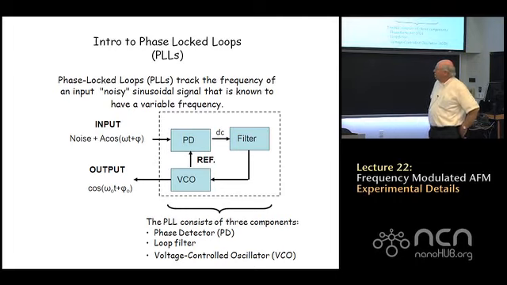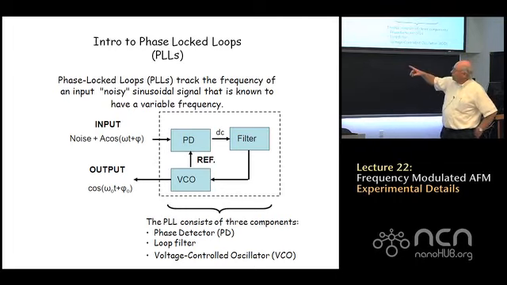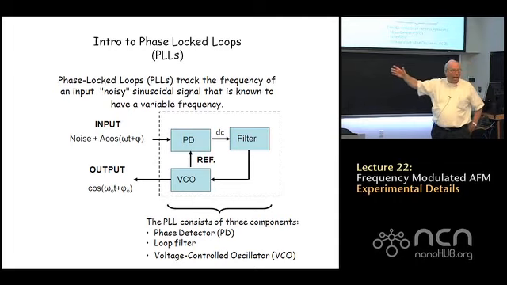What they basically do is they take a signal that's noisy and sinusoidal. So you have an input signal that may have noise on it, but it oscillates at an amplitude A. It's got a certain frequency omega, and it's got an unknown phase phi, right?